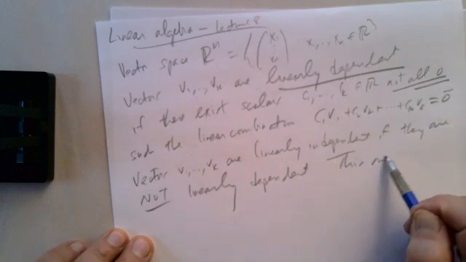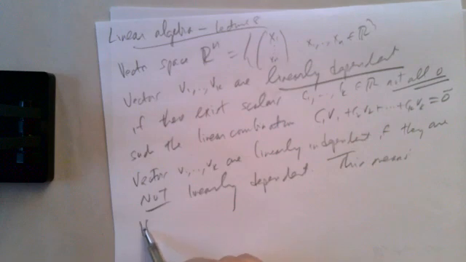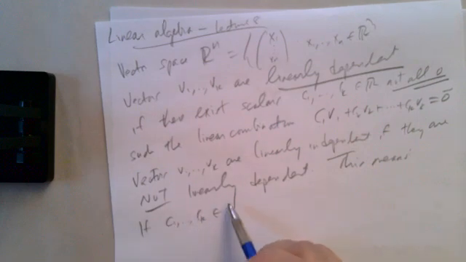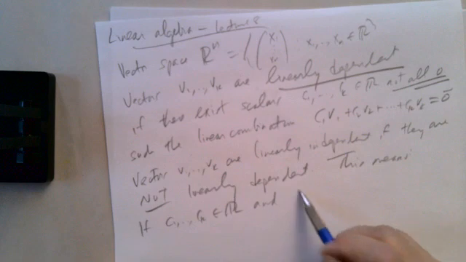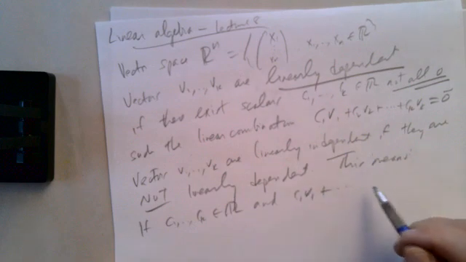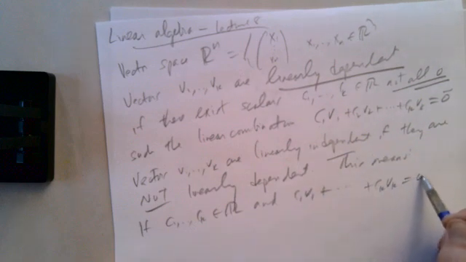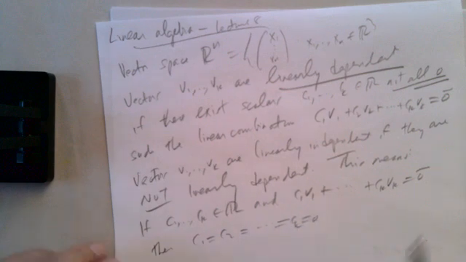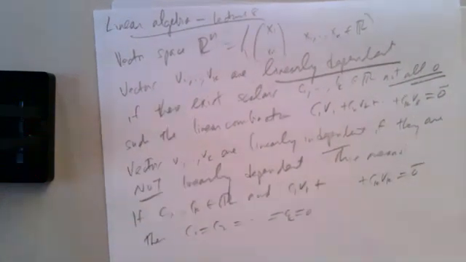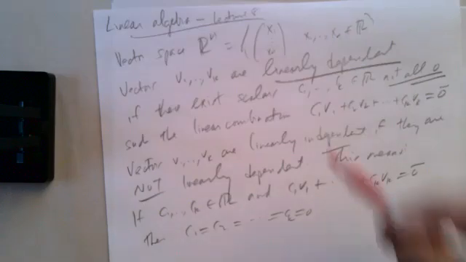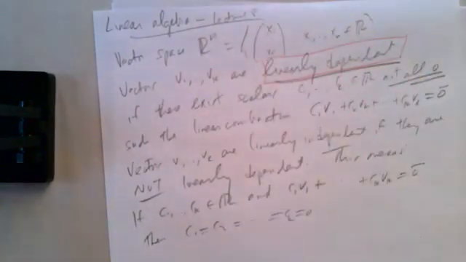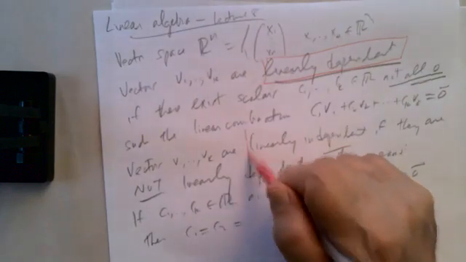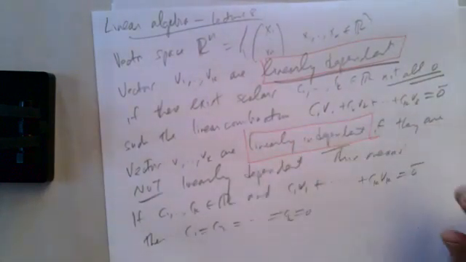And what this means is if c1 up to ck are scalars, and this linear combination is the zero vector, then all of the scalars have to be equal to zero. So this is what it means for vectors to be linearly dependent. And this is what it means for vectors to be linearly independent.